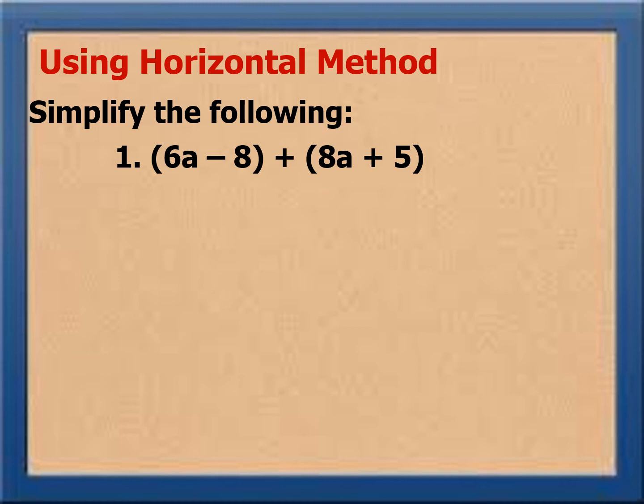We look at the variables. We can combine 6a and 8a, and we can also combine the two constants, the -8 and the 5.